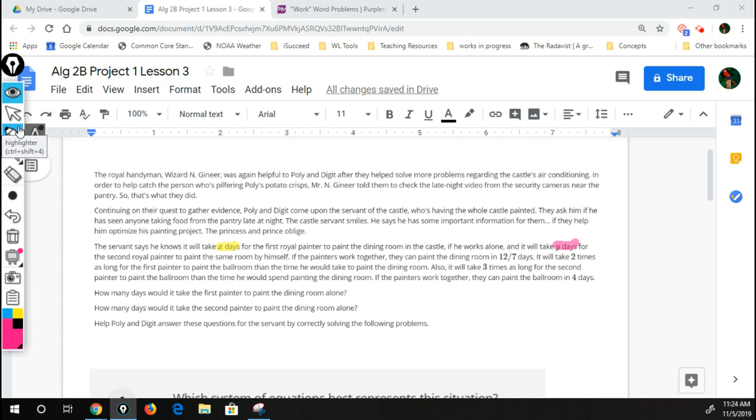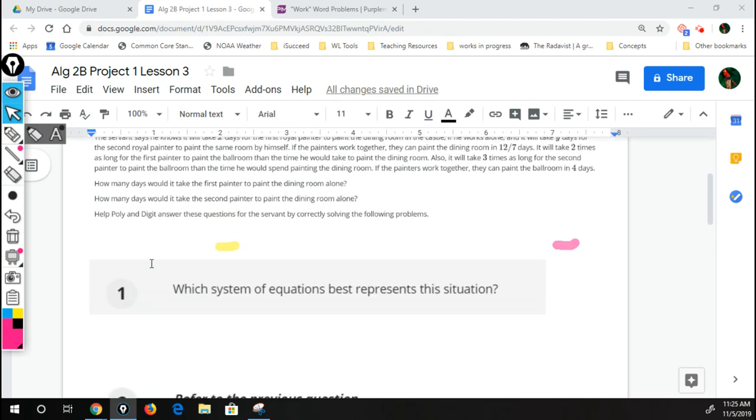Since it's a system of equations, to solve 2 variables, you need 2 equations, which is indicating a 2 equation system of equations. Whew, I was struggling with that wording there. Okay, so with all of that in mind, that is actually number 1. Which system of equations represents this situation?